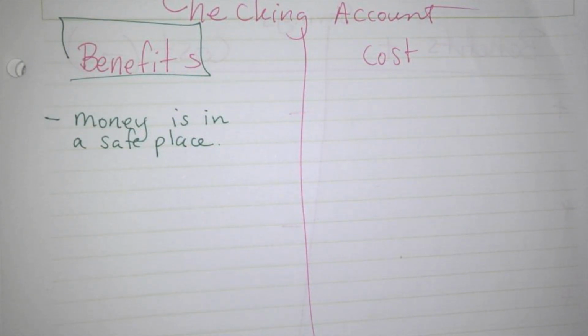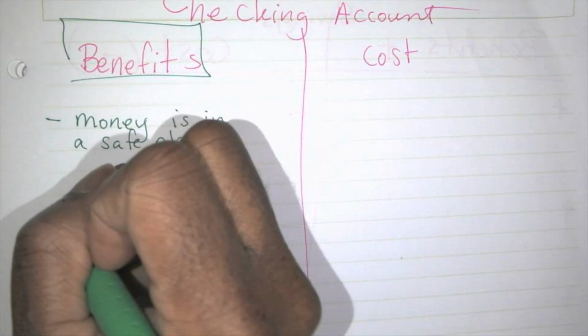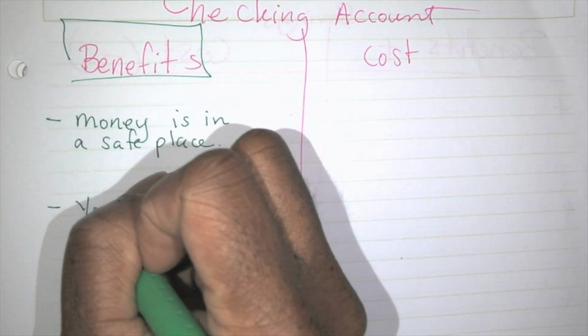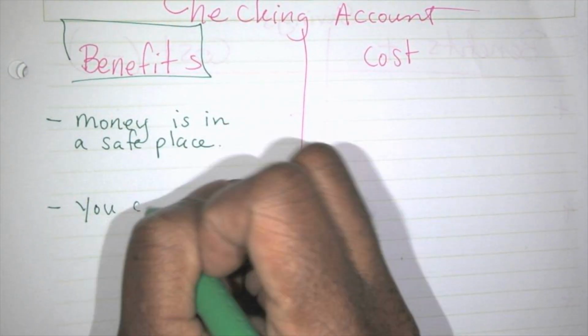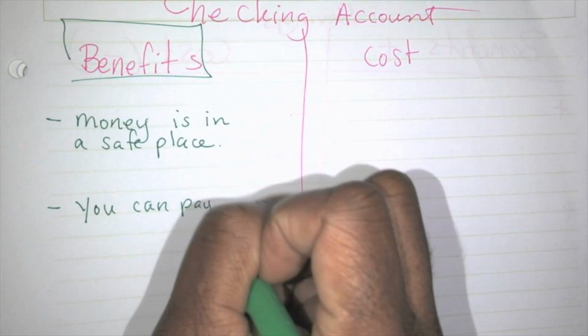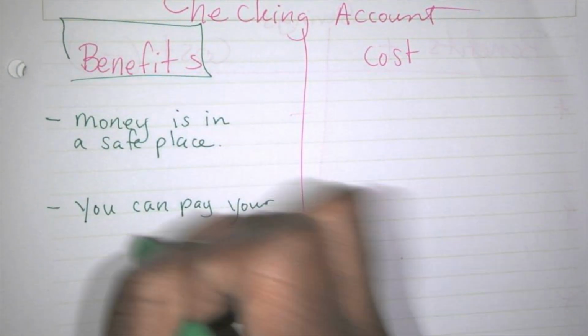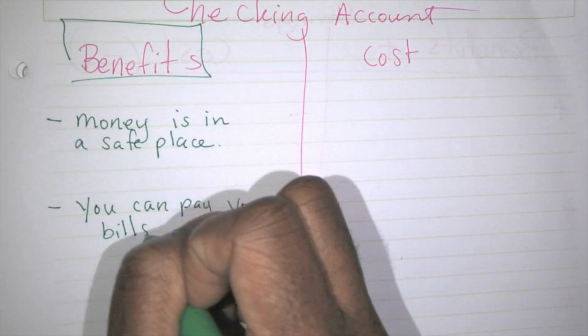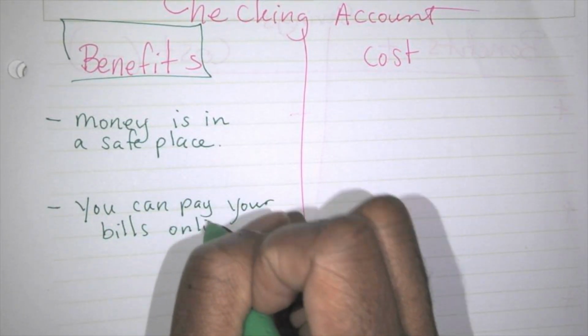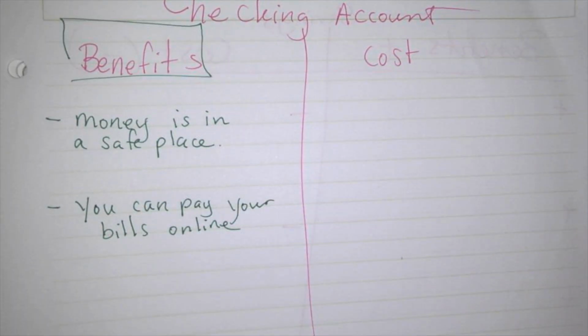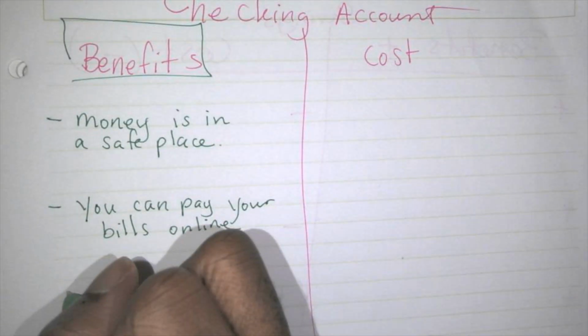You don't have to pay your bills in person. And the last one: let's say I want to do some shopping, the latest Jordans are out. I can purchase my goods online.